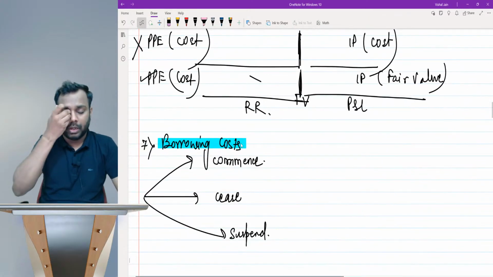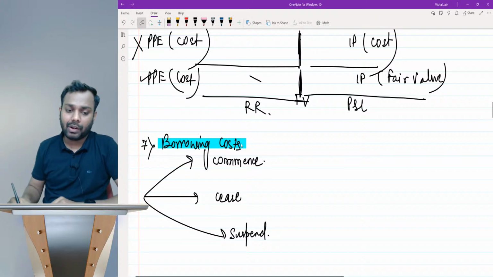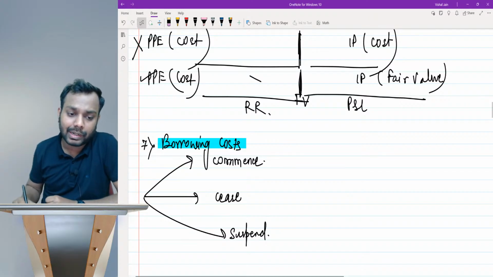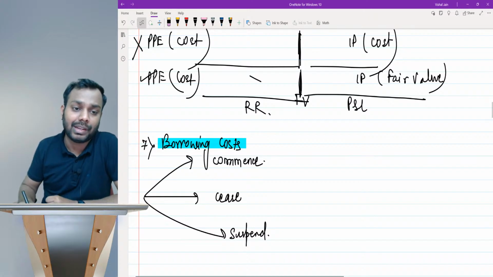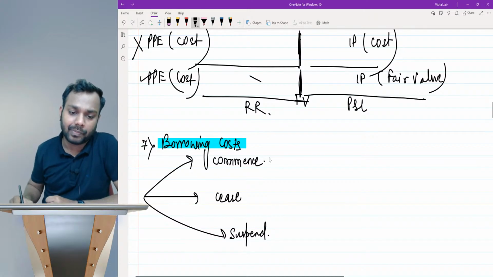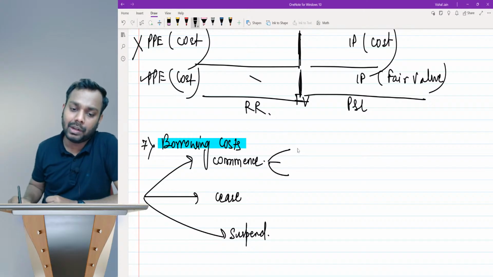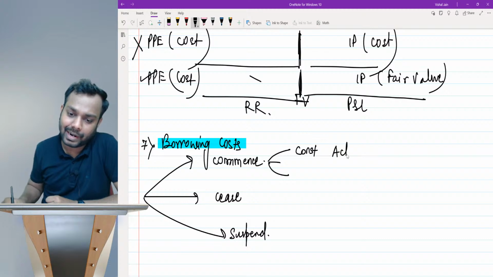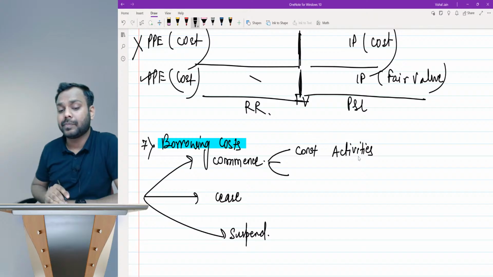Now we have to understand when the borrowing cost capitalization can commence, when it can cease, and when it will suspend. These are the three things we have to understand. For commencement, three conditions have to be satisfied. First, construction activities have started.